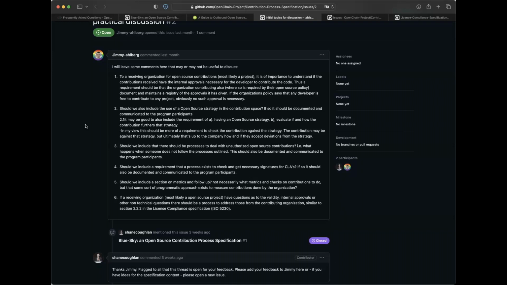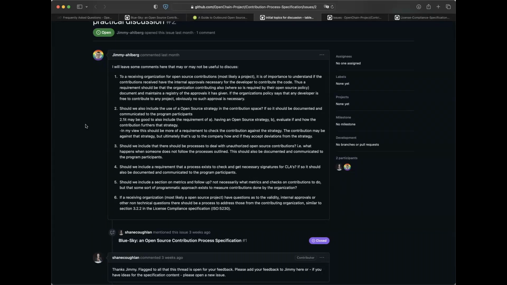You make sure that your contributors are doing the right things from your organization towards the outside project. But we also have the other case where an organization is running an open source project and they are setting the rules for others to contribute to their project. So this is when the organization is the receiving part and not the sending part.